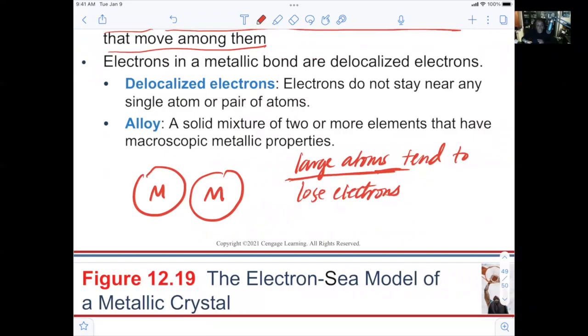Let's assume these are group 1 metals, because this will make my illustration very easy. If they're group 1 metals, each metal then loses its electron and becomes smaller in charge because it has lost its electron. This one here loses its electron too. Well, who gains the electron? Nobody. They just give up the electrons and then they form ions.